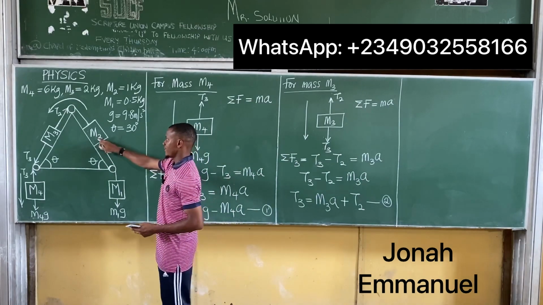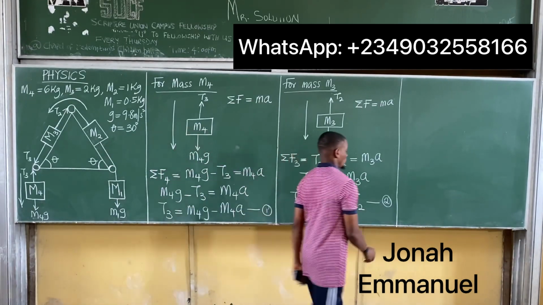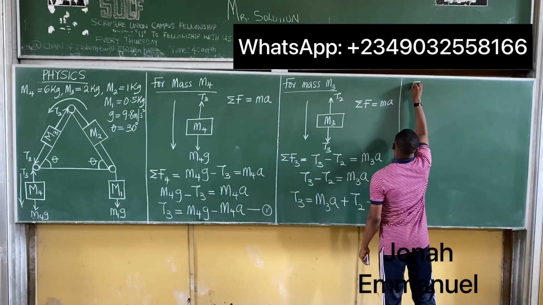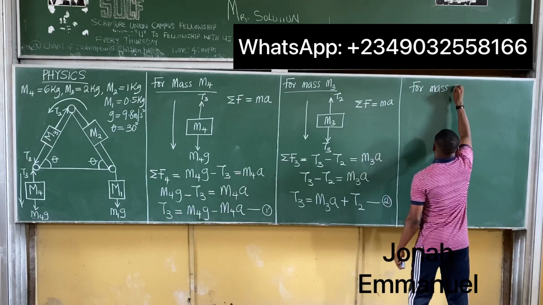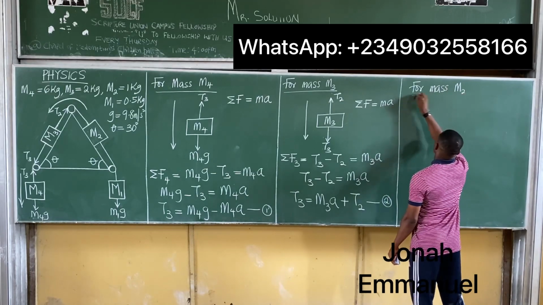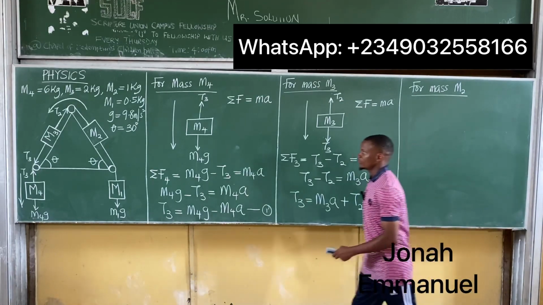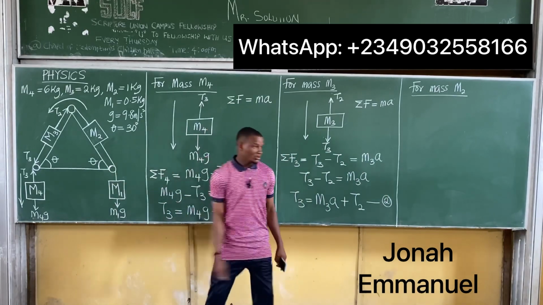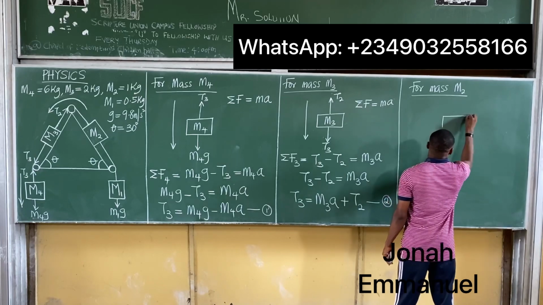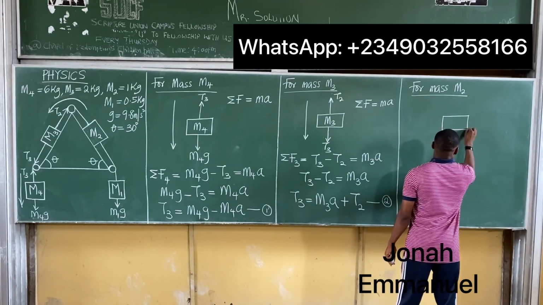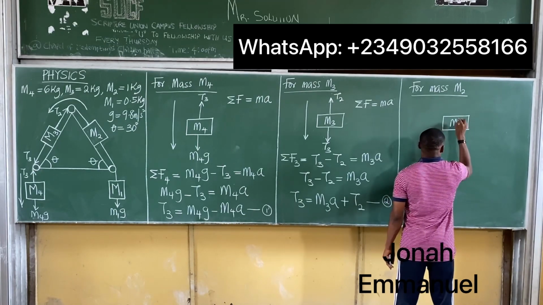Let's now analyze mass M2. So for mass M2, what have we got? First of all, draw the mass M2. So I'm having the mass M2 here. This becomes M2.